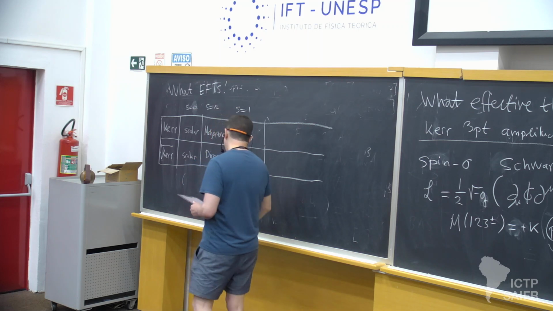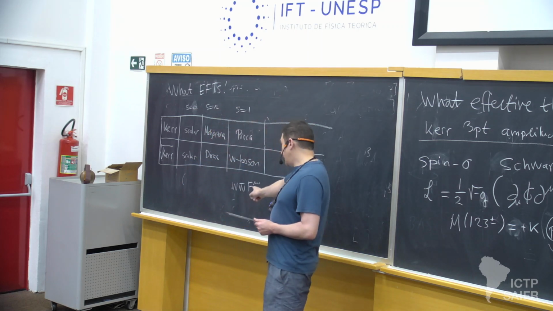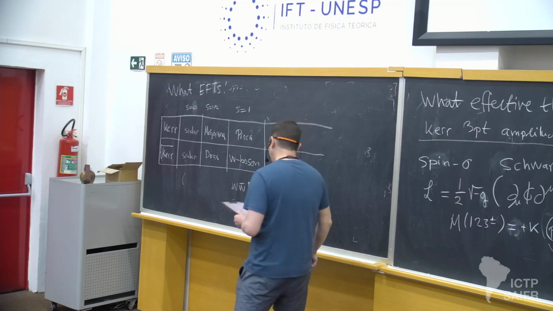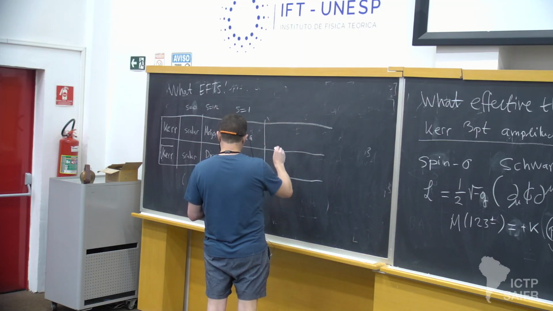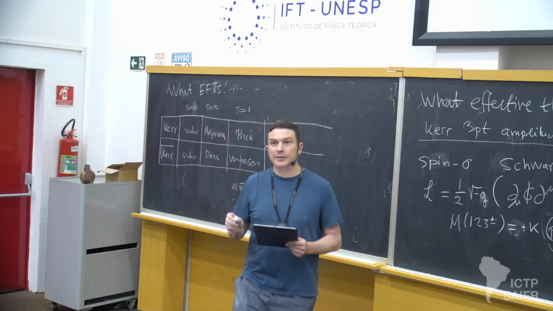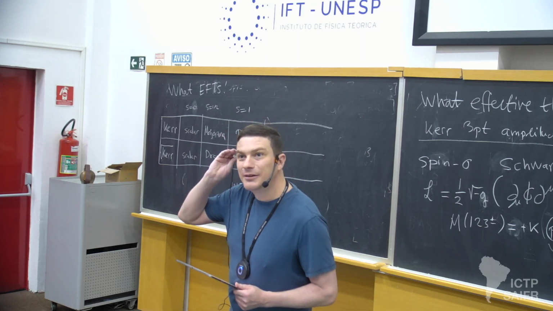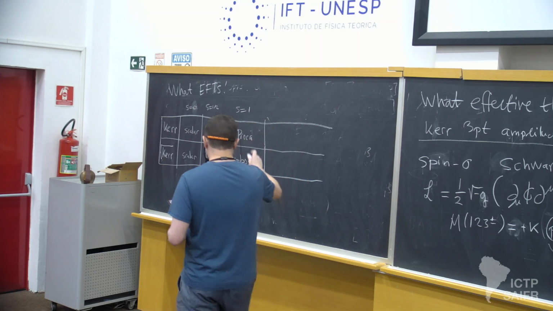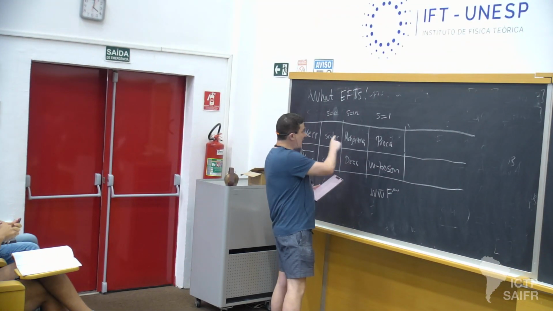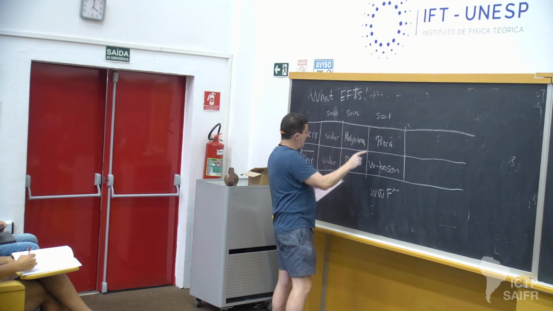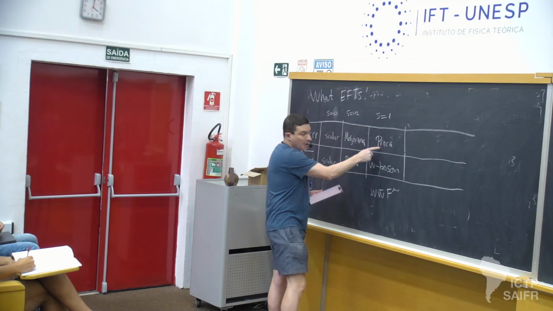So this coupling is needed, and this is not present in Proca. Okay? Yes? So if you double copy a W boson with a scalar, sorry, this one with this one, you get Proca. Yeah.